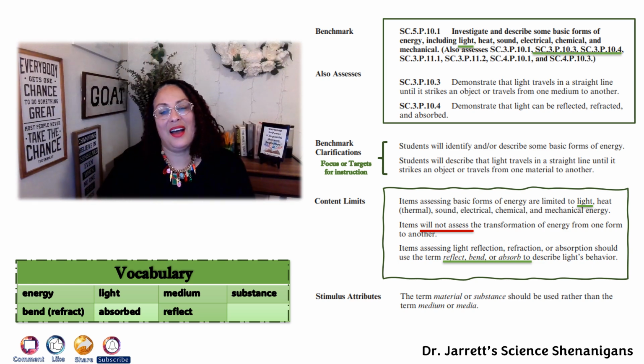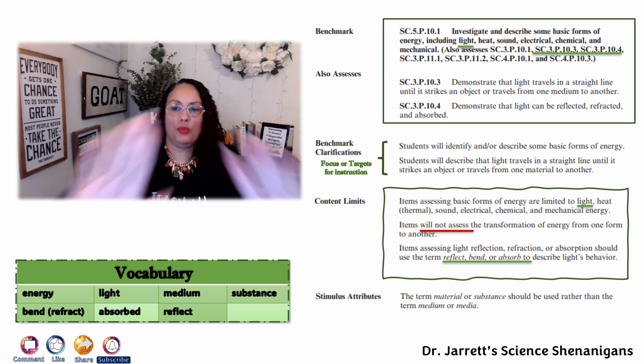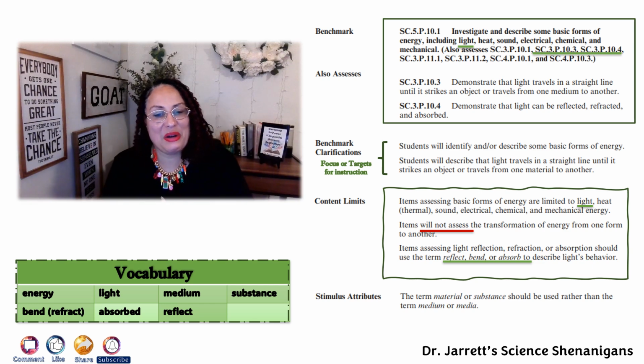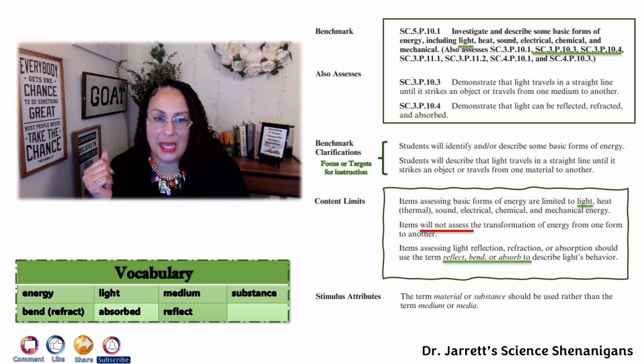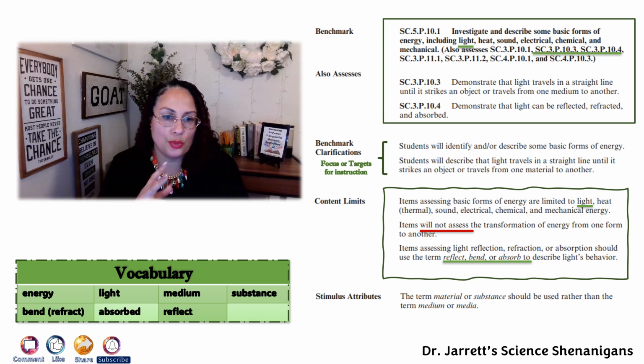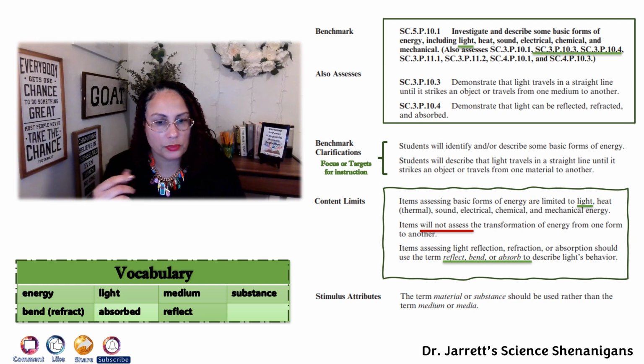Bend, absorbed, or reflect. I have little signs that we do with the kids, and they have fun with that. But I also make sure that I say refracted. If I say refracted, I immediately say the word bend, so they know those two words can be interchangeable.